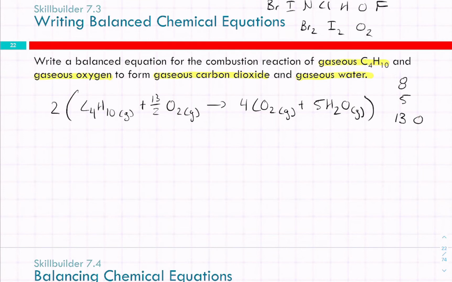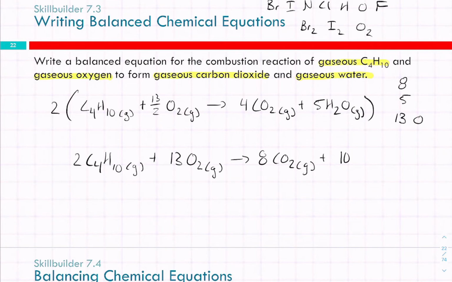And just make sure you actually go through and multiply all of them by 2. So this will be 2 C4H10 gas plus 13 O2 gas gives 8 CO2 gas, 10 H2O gas.